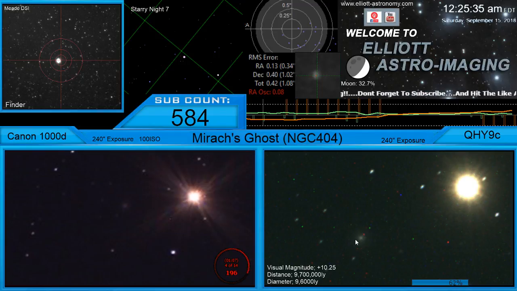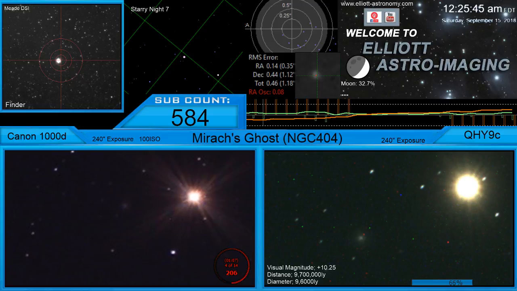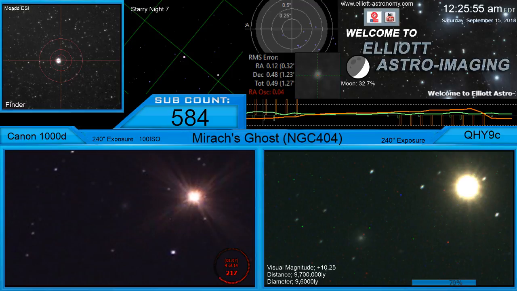I have the Canon on the left and the QHY 9C on the right, taking 4-minute images, and guiding is atrocious because I kicked the mount when I was trying to fix the go-to, so guiding is not running well at all. But that's okay, because we're still having fun.